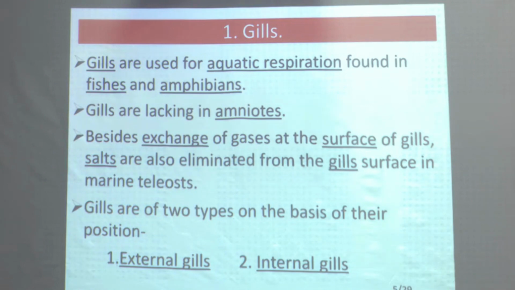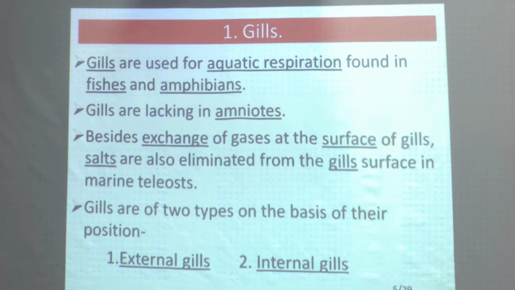And what does the gill actually do? Besides exchange of gases, that means gill surface is involved in exchange of gases, these gills are also involved in another process, that is salts are also eliminated from the gill surfaces in marine teleost.